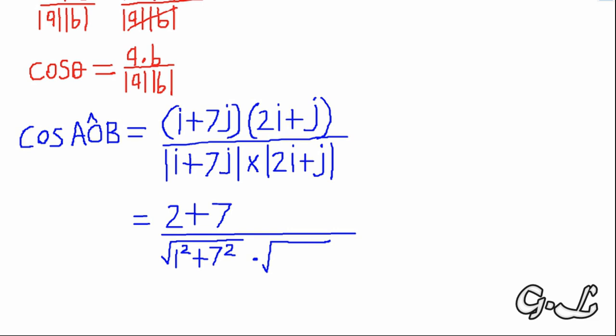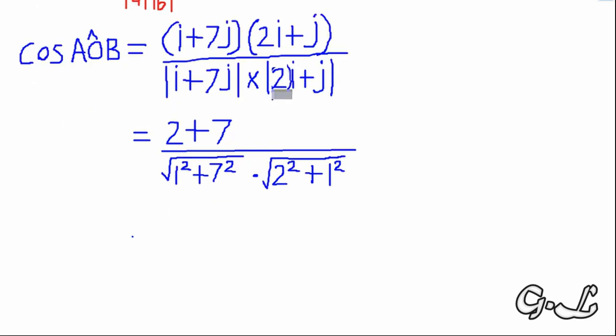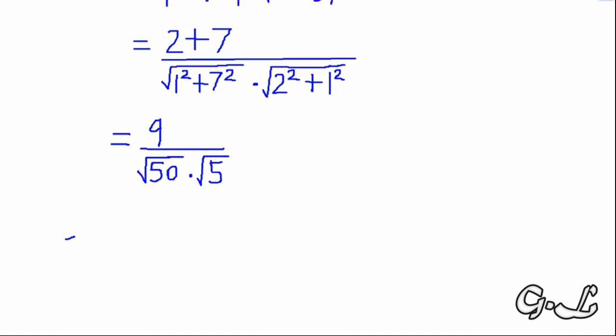Again, 2 squared plus 1 squared. So 2 plus 7 will give you the value of 9. Then inside the square root, 1 squared plus 7 squared will give you square root of 50. Again, 2 squared plus 1 squared will give you 5, so it will be square root of 5.